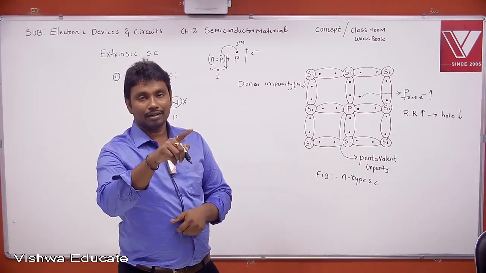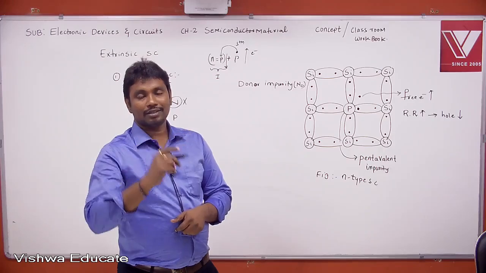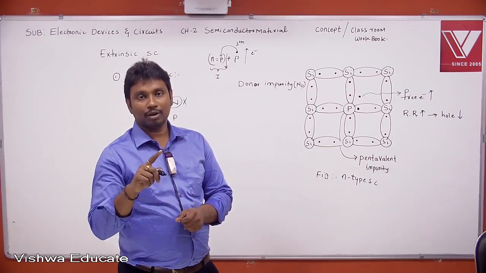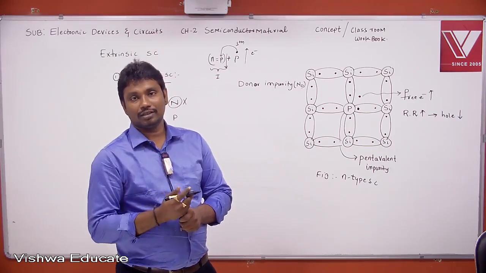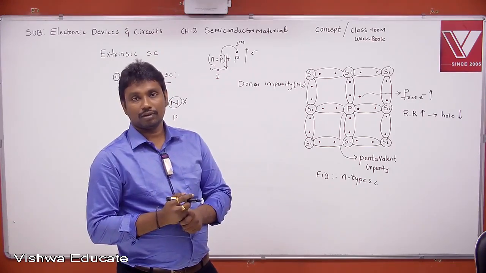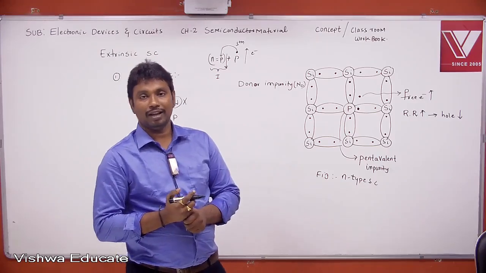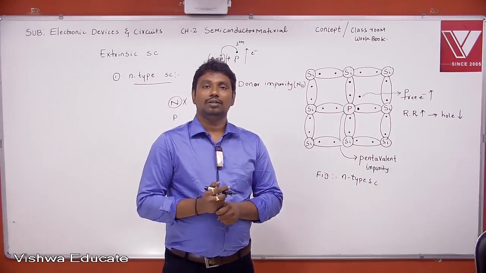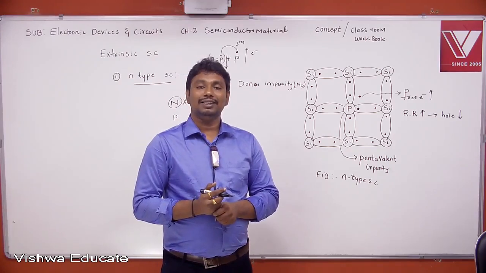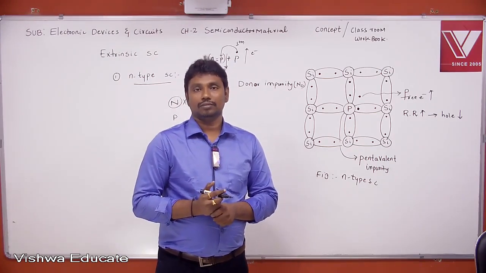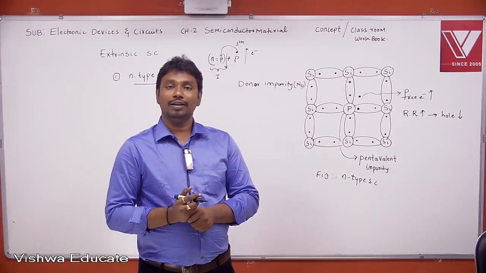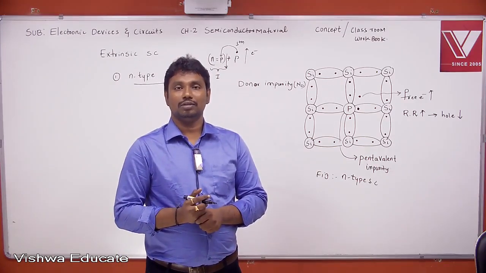Now underline: free electron concentration increases, recombination rate increases, hole concentration decreases. Hence, next point. Hence, the majority charge carriers are free electrons and minority charge carriers are holes.